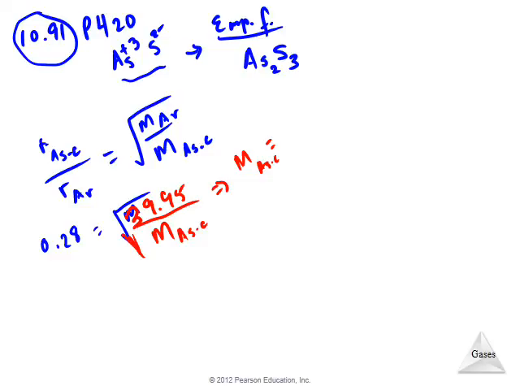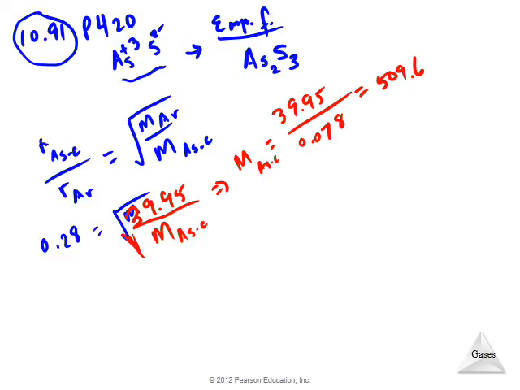In this case, you first square it and get 0.078, and then you solve for M. Let me write down the final step: 39.95 divided by 0.078, and that gives 509.6. See whether you get the same thing or not. So now we get the molecular weight in grams per mole for this new compound.